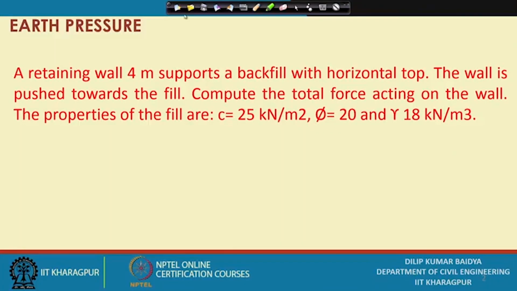I have taken one problem where we partly applied it. Here the entire depth is cohesive or C-phi soil, this is a passive case, and we have to determine the thrust on the wall.